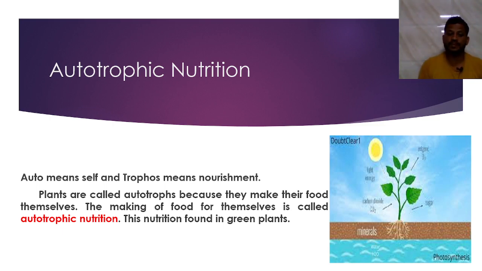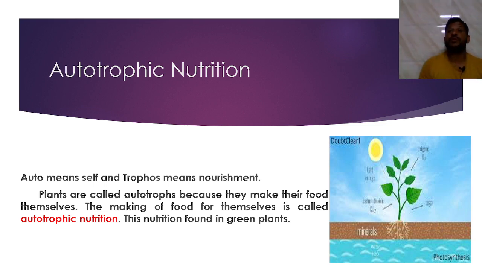Autotrophic nutrition means the plants are called autotrophs because they can prepare their own food, they make their own food themselves. The making of food for themselves is called autotrophic nutrition.